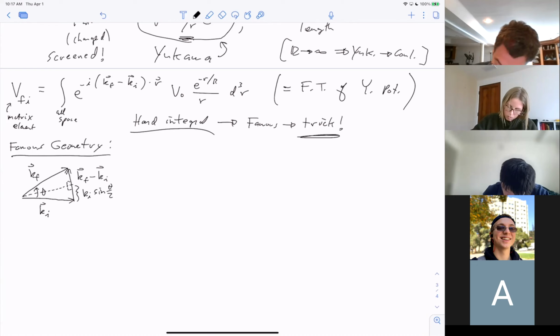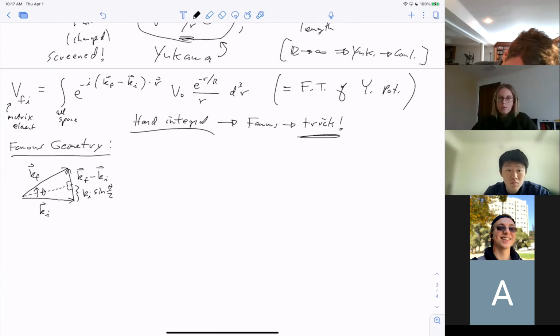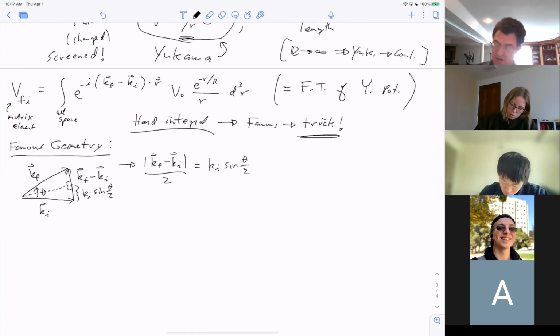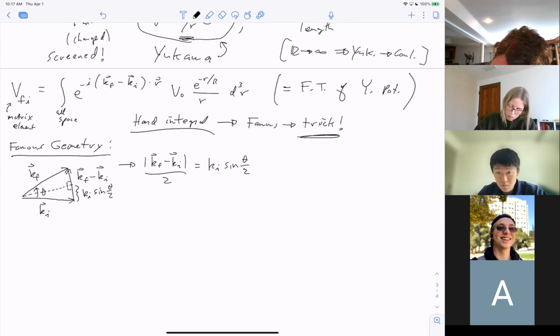From this triangle, the length of this side, k_f minus k_i, divided by 2, is equal to k_i sine theta over 2.